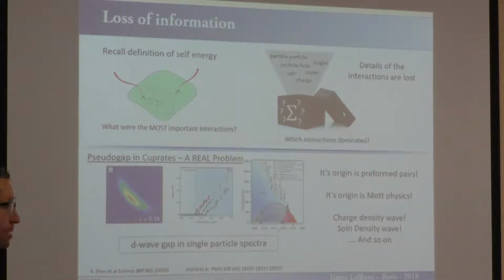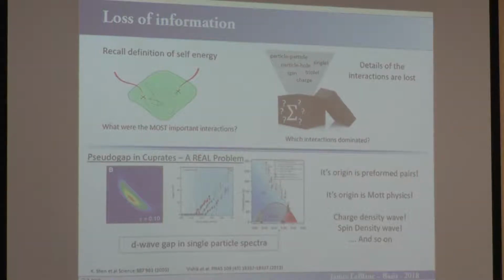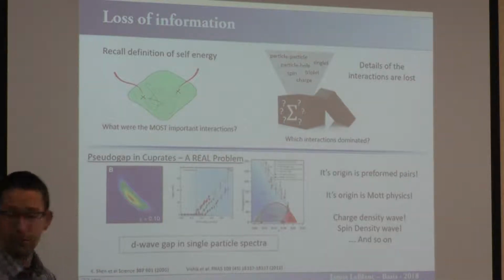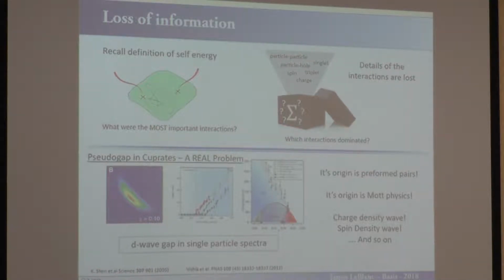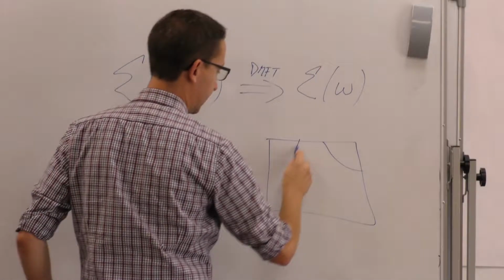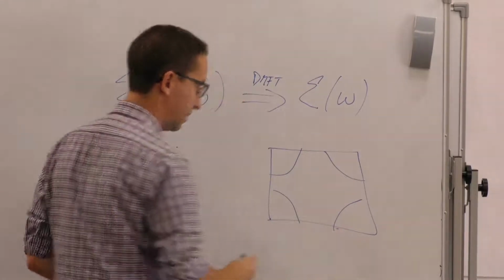And this is not just some theoretical problem. In the cuprates, this exists, and it's existed for, I don't know, 30 years, the problem of the pseudogap. So the pseudogap in the cuprates is as follows. When they look at the Fermi surface for a doped material, instead of finding a Fermi surface that they would expect for a tight binding dispersion, which might look something like this, okay?